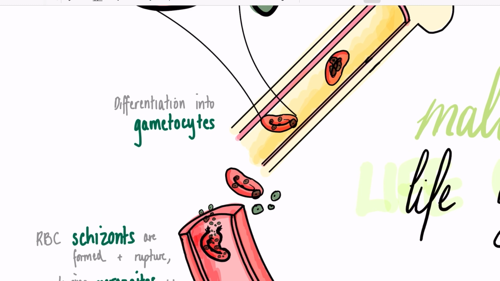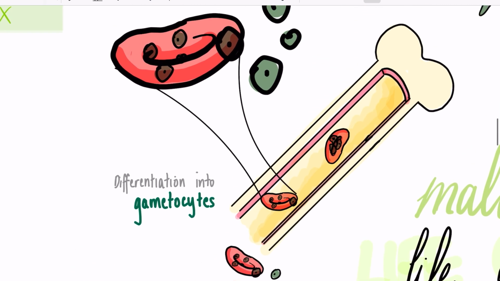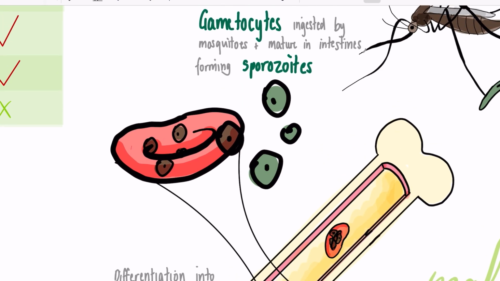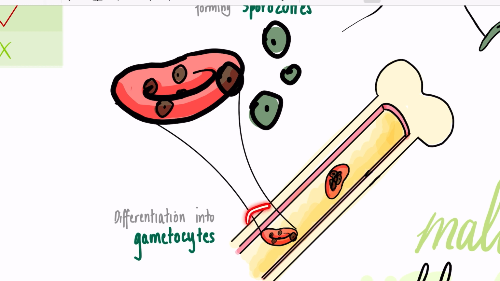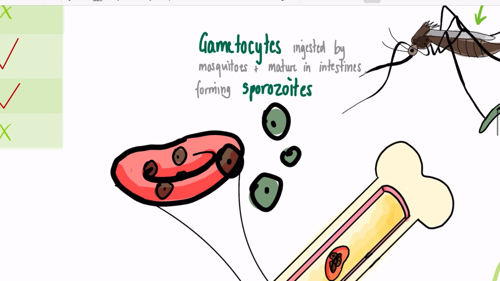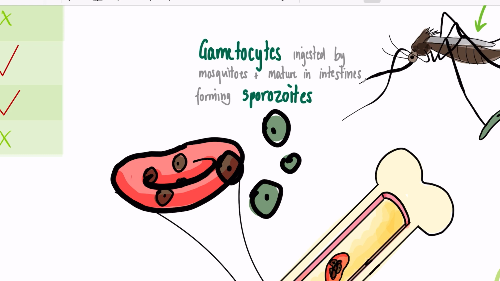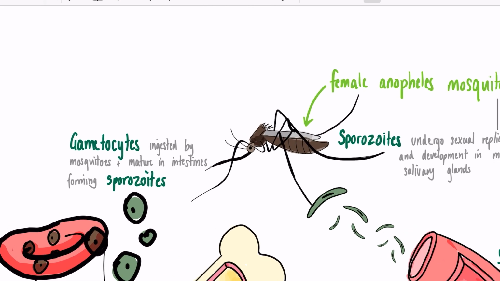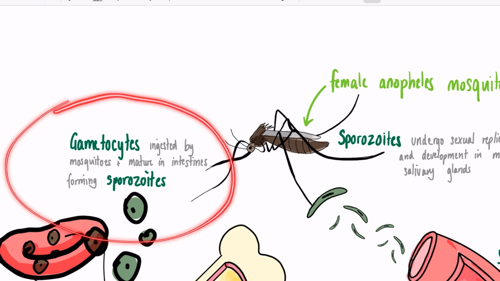So now, these merozoites, which have been released again into the bloodstream, can differentiate into gametocytes, or the sexual form of the plasmodium. And they can travel and be sequestered into the bone marrow, and they can then enter the blood again once they've finished differentiating, which is usually the form that they are ingested by mosquitoes in.